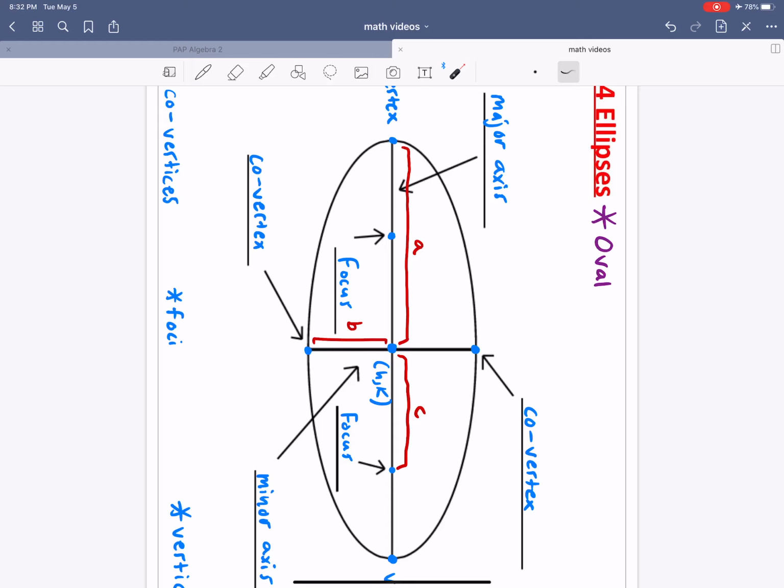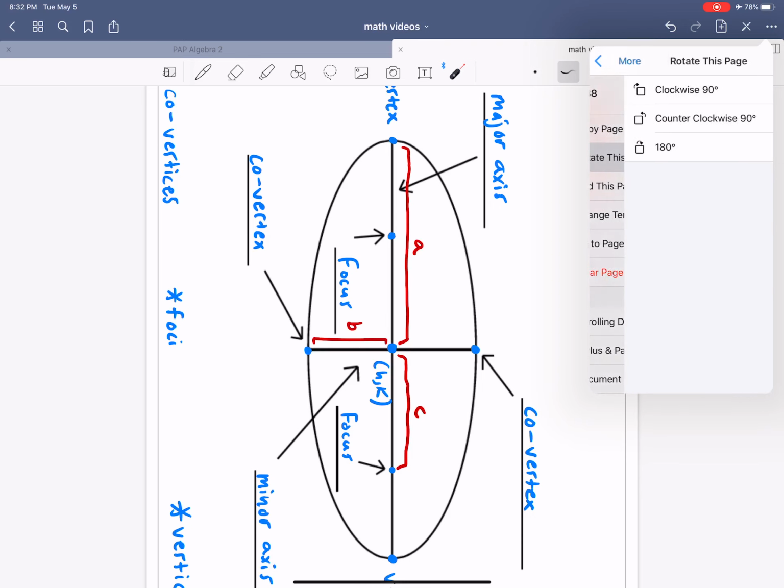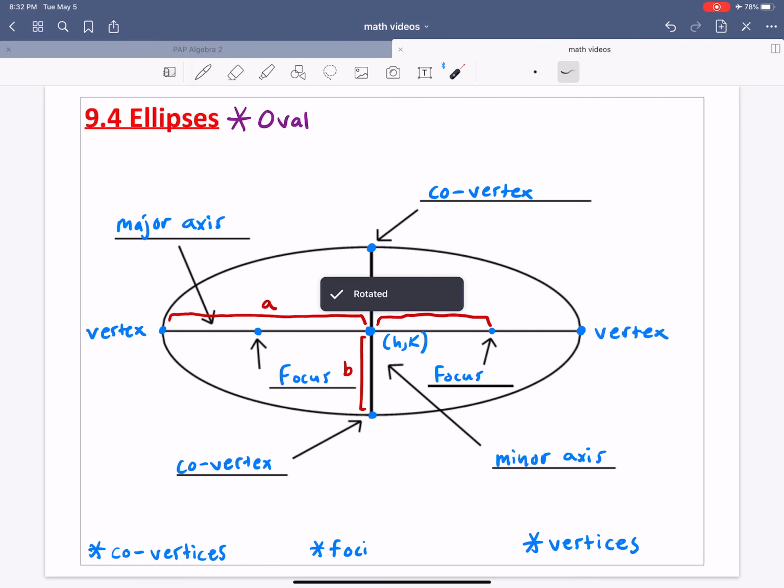It's just that instead of the major axis, the long axis, going left to right, it goes up and down. Let me rotate this back counterclockwise. There we go, we're back. So two different orientations: you've got this one, and the one I just showed you where the major axis is vertical.